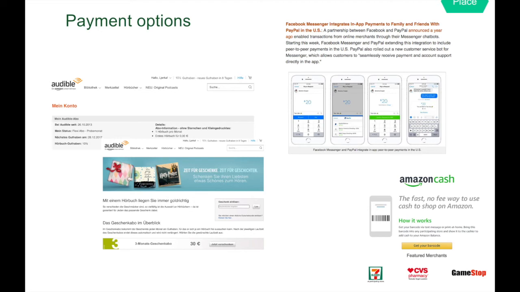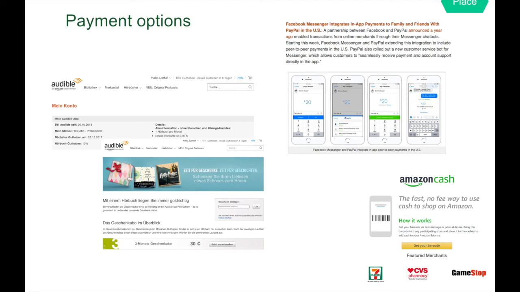So again, I believe that's an interesting method of how to use payment, PayPal in this case, to have an edge in the customer service.